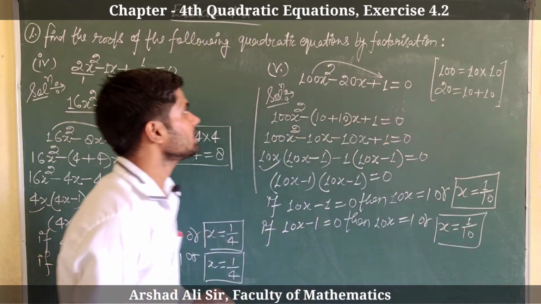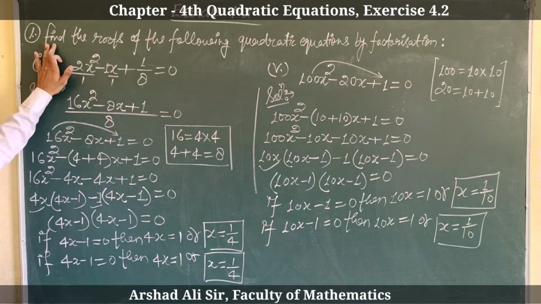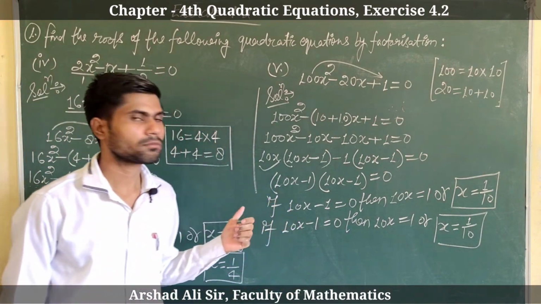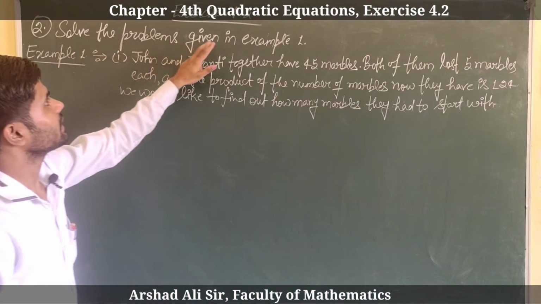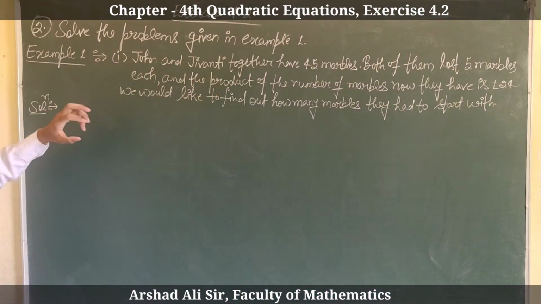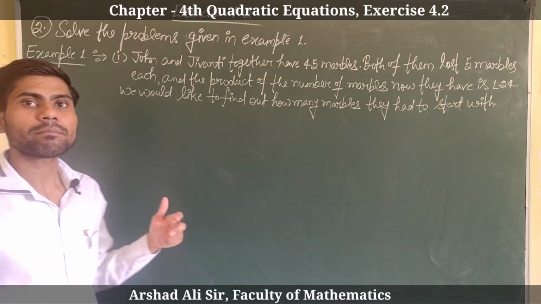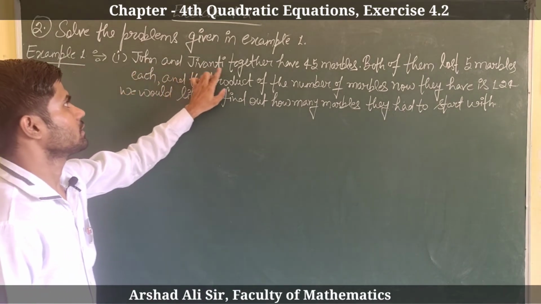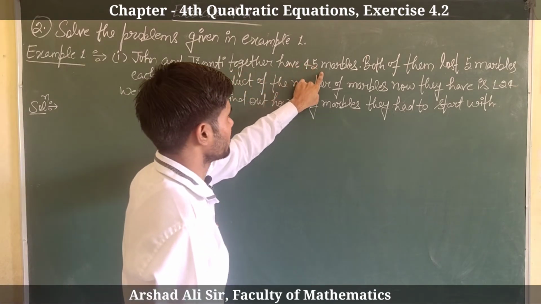Dear students, in question number 1 there are only 5 parts. We have solved 5 parts of question number 1. Solve the problems given in example number 1, and you can check what is example number 1 in your NCERT textbook. John and Jivanti together have 45 marbles.